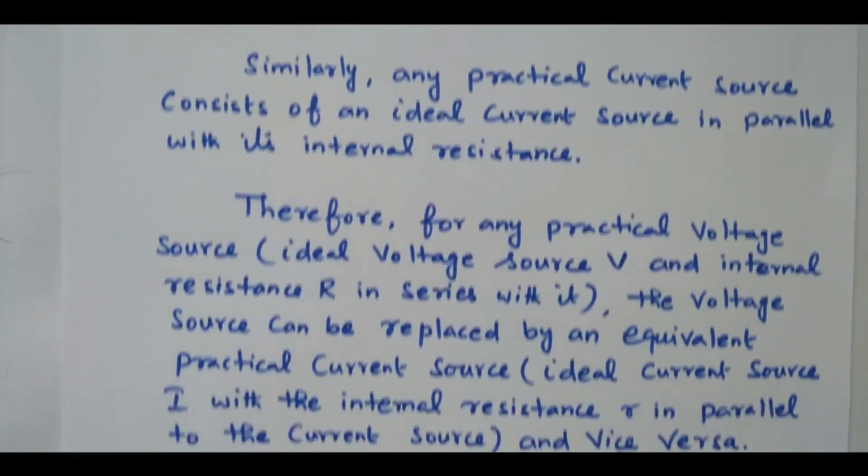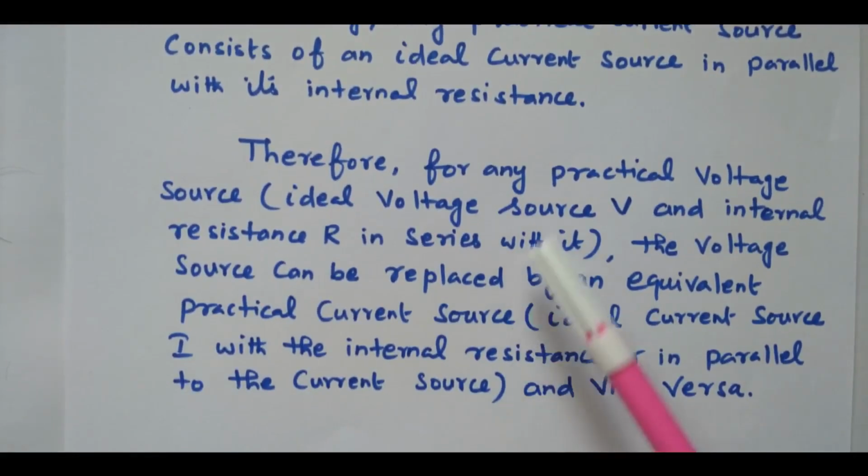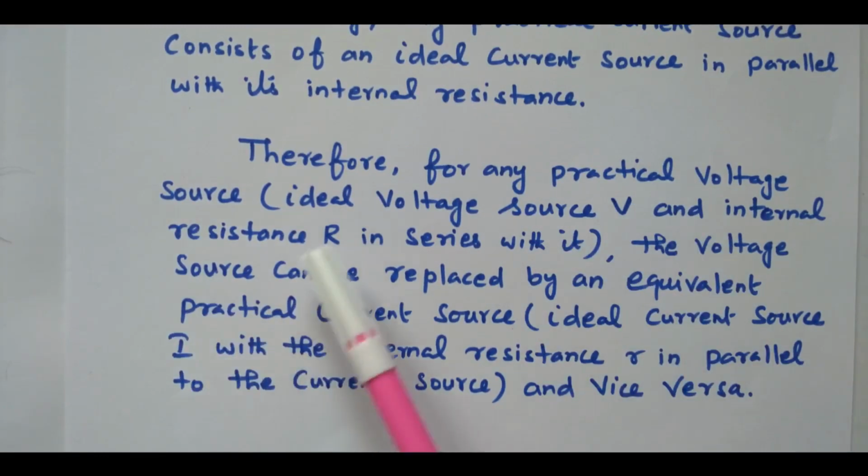So based on this, any practical voltage source, that is ideal source V and internal resistance R, can be replaced by an equivalent practical current source. What is a practical current source? Ideal source with internal resistance in parallel.